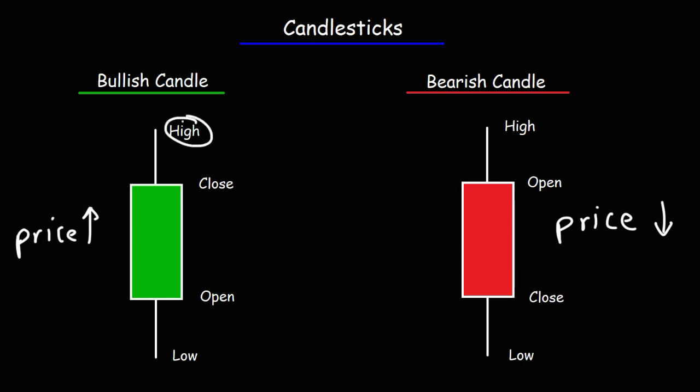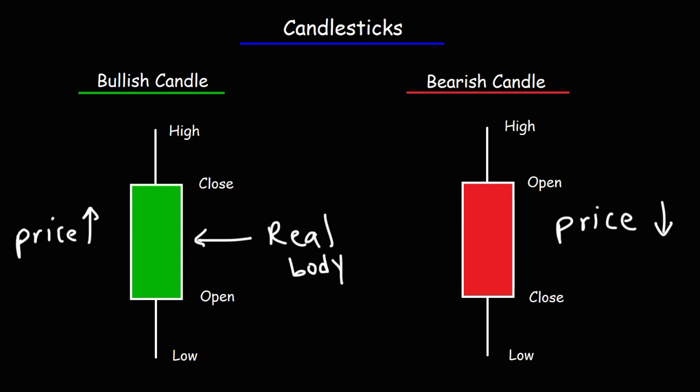Now, the top part of the candle represents the high of that day, and the bottom represents the lowest price for that day. The difference between those two prices represents the range for that trading day. Now, the middle part of the candle is known as the real body of the candle.